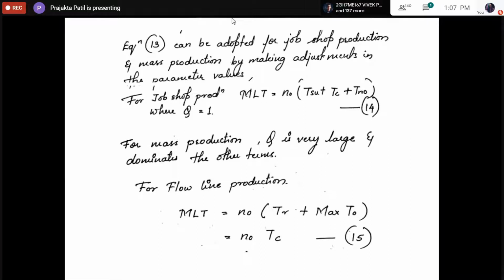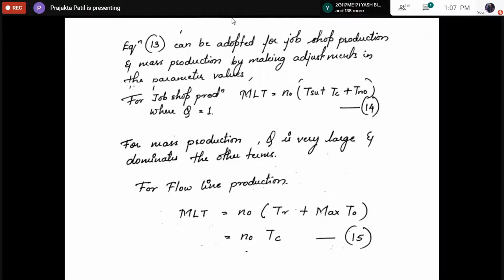So consider this flow line type of production, where there is mass production of one type of product and every unit passes through a sequence of operations. Again, I'm repeating, I'm considering an example of lathe, milling and drilling operations, in which milling takes a little more time. So that milling station becomes a bottleneck station.